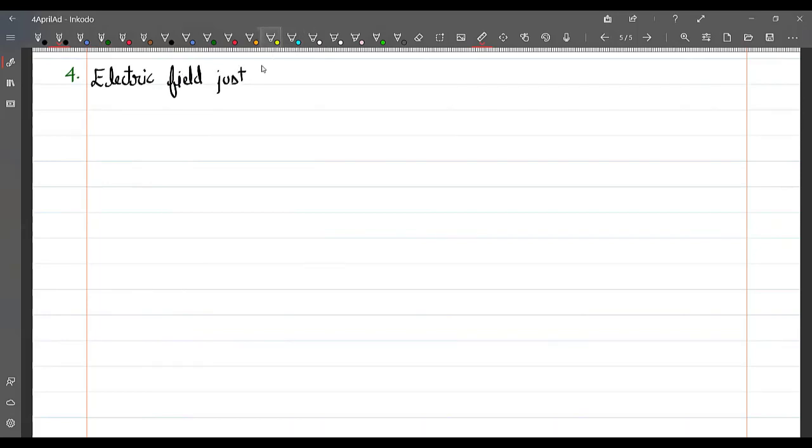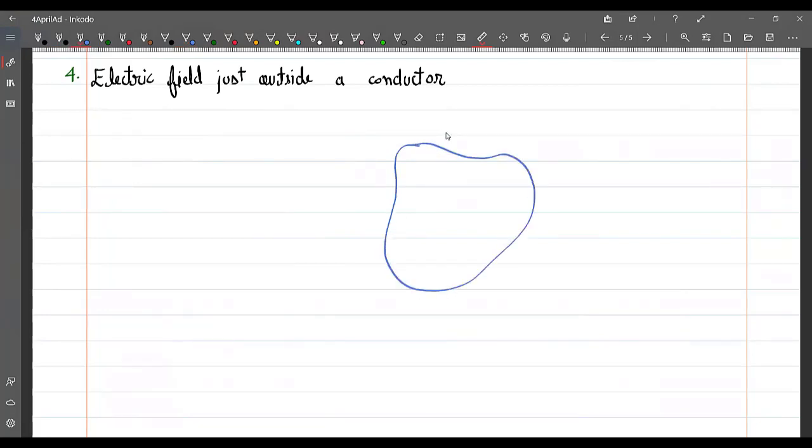And we're going to talk about just outside a conductor, not very far away from it, just outside a conductor. So suppose you have a deformed conductor, a conductor of random shape. You can take it like this, any shape, and you give some charge over it.